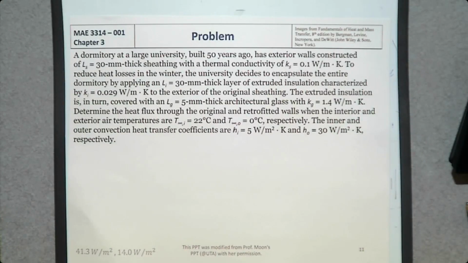So we have a dormitory at a large university built 50 years ago, a very old dormitory, that has an exterior wall.